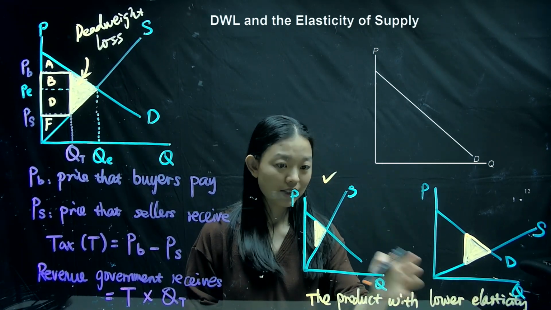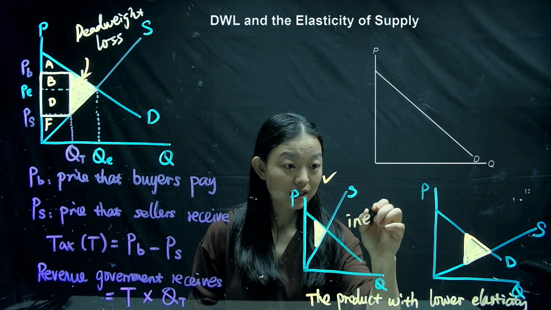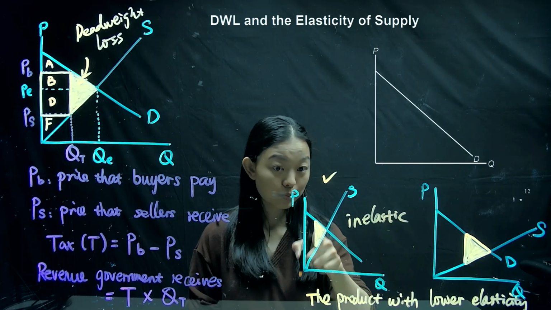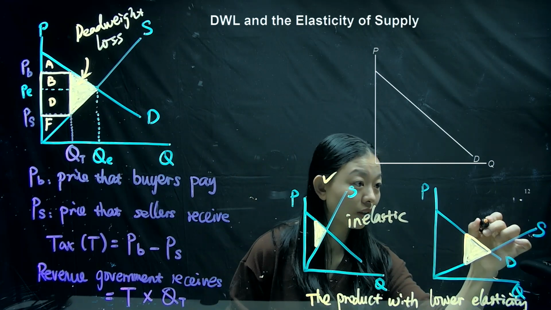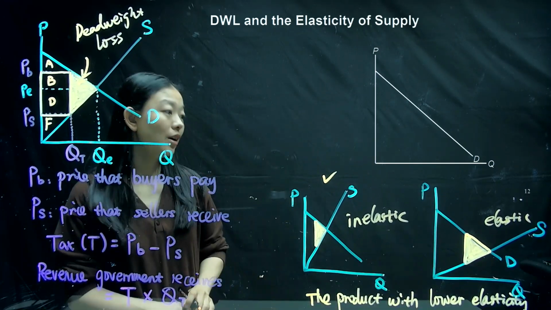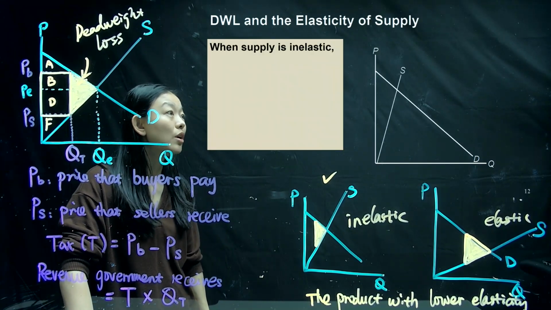With the low elasticity, okay? Because this is more inelastic, right? This is more inelastic and this is elastic. This is an elastic product. Okay, so this is what we want to do, as shown on this lecture slide.